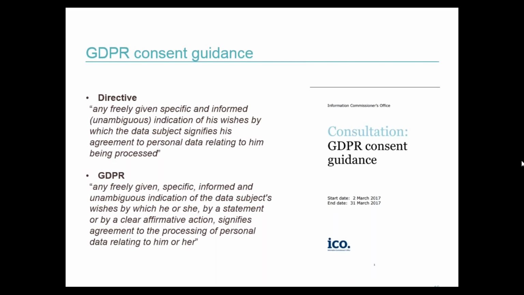Now, many businesses may be able to rely on their existing consents, but in probably quite a high number of cases, businesses will have relied on implied consent, and implied consent is a no-no under the GDPR. The GDPR requires active opt-in, it requires unticked boxes or some other binary choice which is given equal prominence. It requires that the individual takes deliberate action to opt-in, and this does not have to be in the form of an opt-in box.